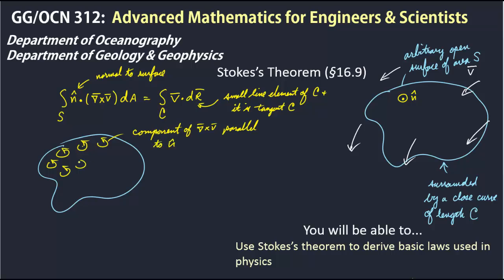At each point, we're measuring that component and adding it, or integrating, over the whole surface. So this part represents the integral of that outward component of the curl over the whole surface. It's a measure of, I guess, the angular momentum at each point across the whole surface. So that's a way of visualizing the left-hand side.